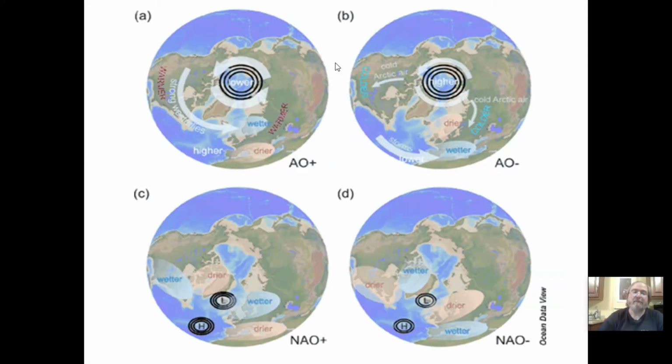Okay, so here is looking at it from looking down at the pole, if you will. And on the top, we have the AO, positive and negative, and on the bottom, we have the NAO, positive and negative. We recall that the positive phase of the NAO has a stronger high in the Azores and a stronger low in the Icelandic region, and it's weaker for both pressure systems during the negative phase.